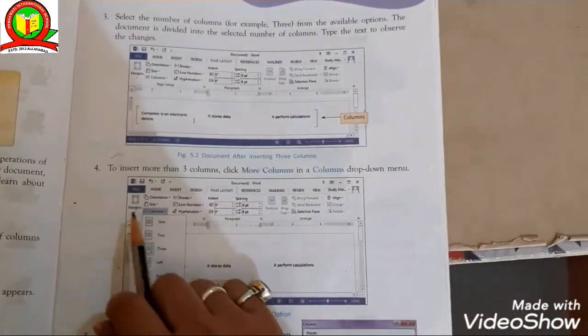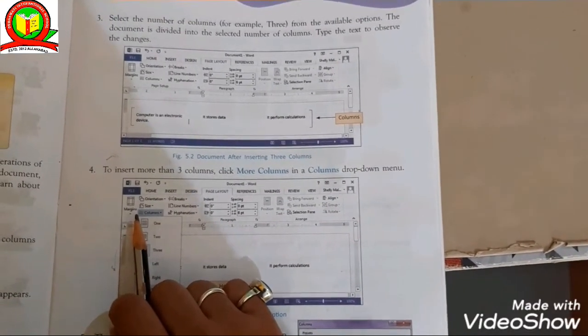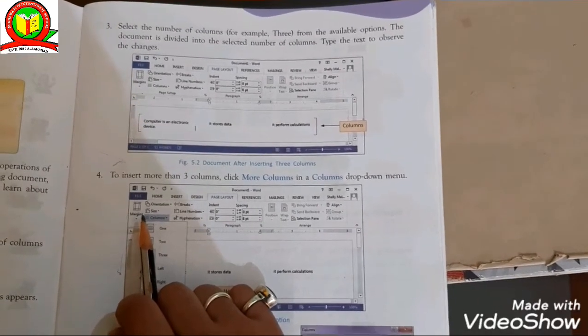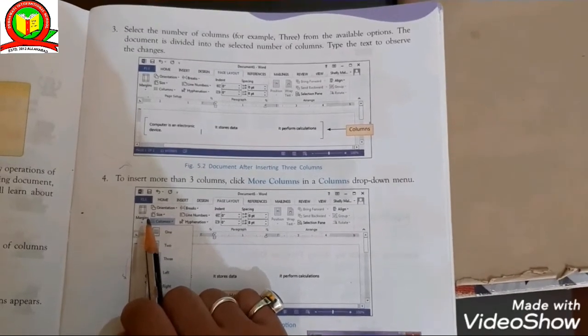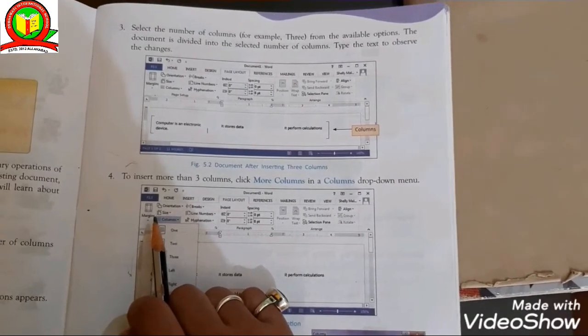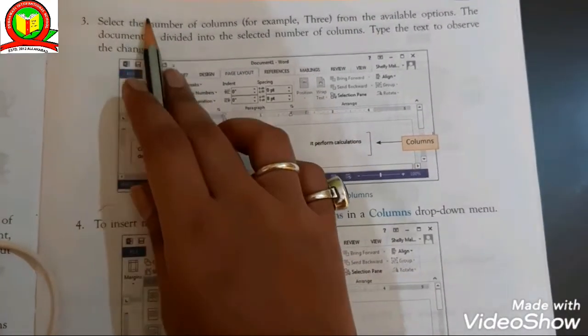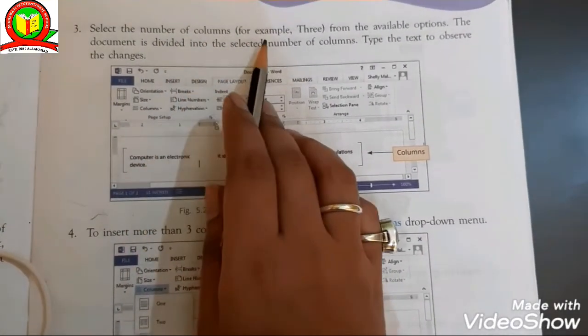Now the next step is to select the number of columns, for example 3, from the available options. The document is divided into the selected number of columns. Type the text to observe the change. So in this step you can select the number of columns as you want.